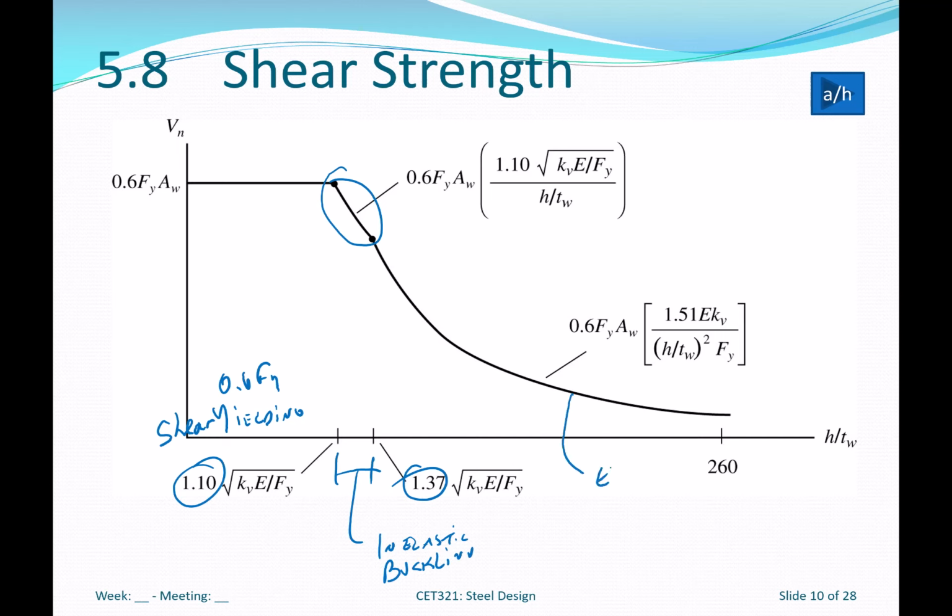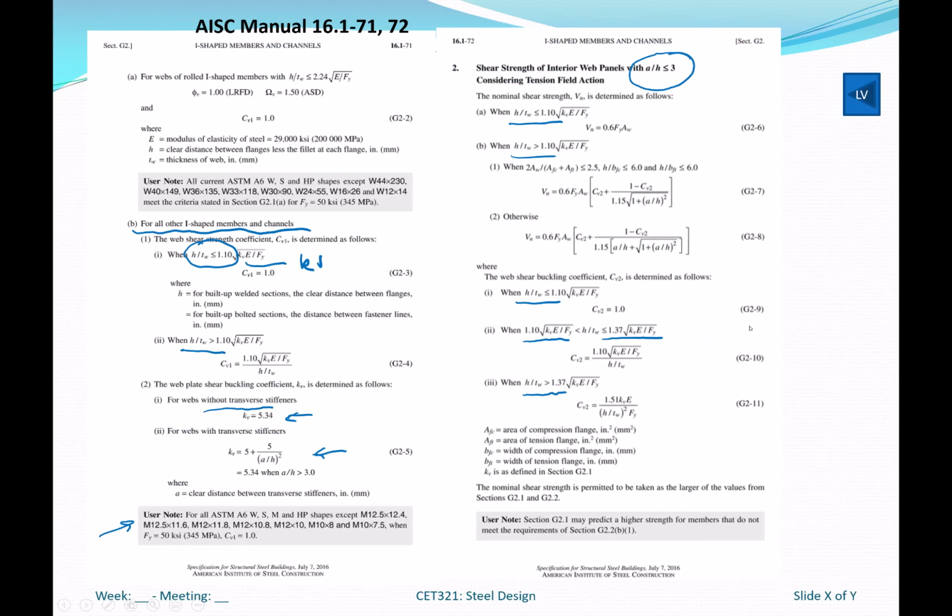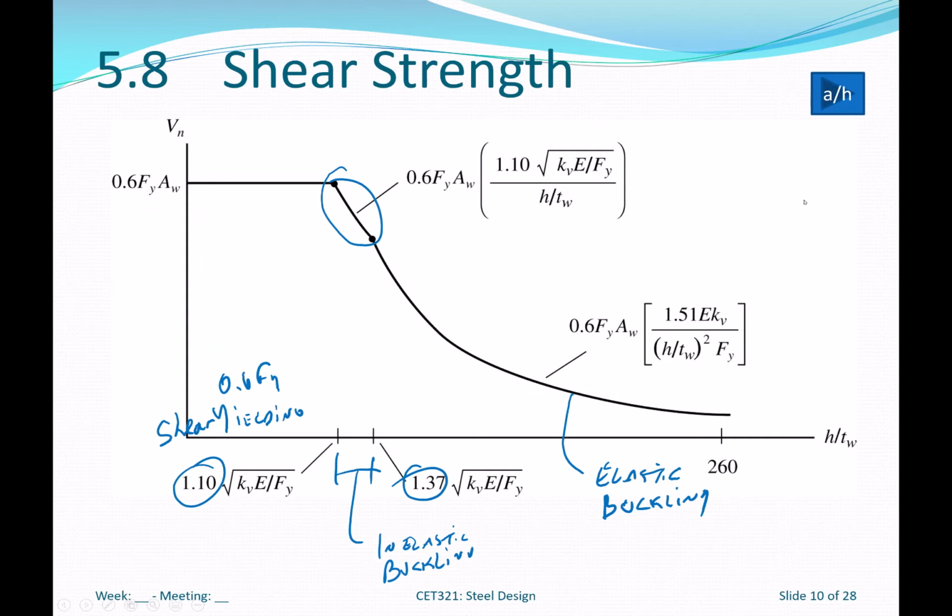And this is going to be elastic buckling. Okay, again, built-up plate girders are distinctly different. All right, so I guess that's where we wanted to be. All right, so thankfully we're not getting into these.